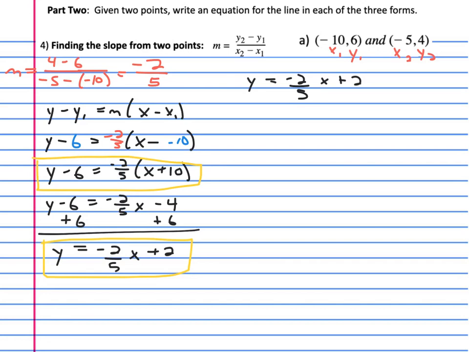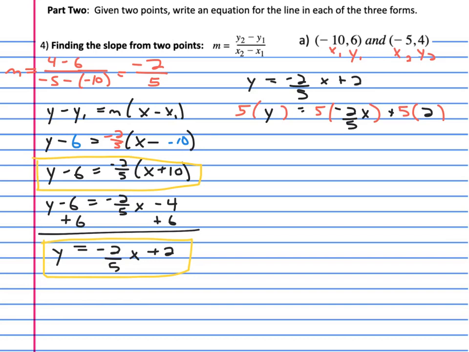So I'm going to say 5 parentheses y equals 5 parentheses negative 2/5 x plus 5 parentheses 2. Take each part, multiply it by 5.